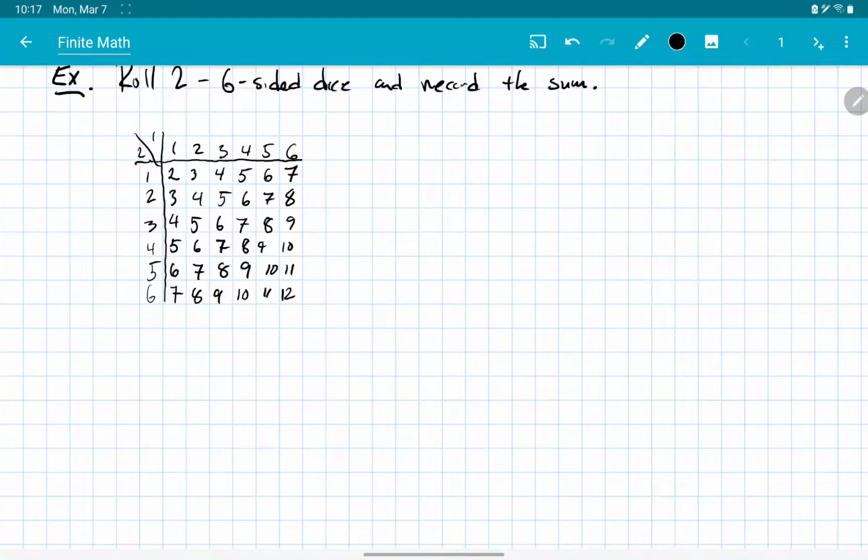Now we can ask, what is the probability of a sum of 7? Well, we look at this table. We note the 7s occur along this diagonal, and there are 6 of them.